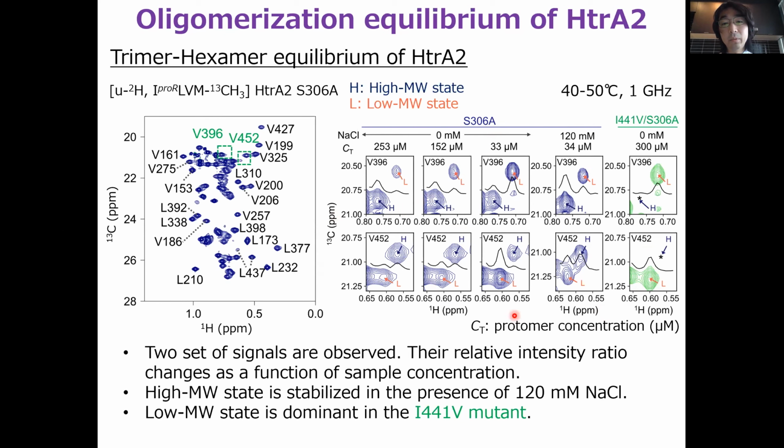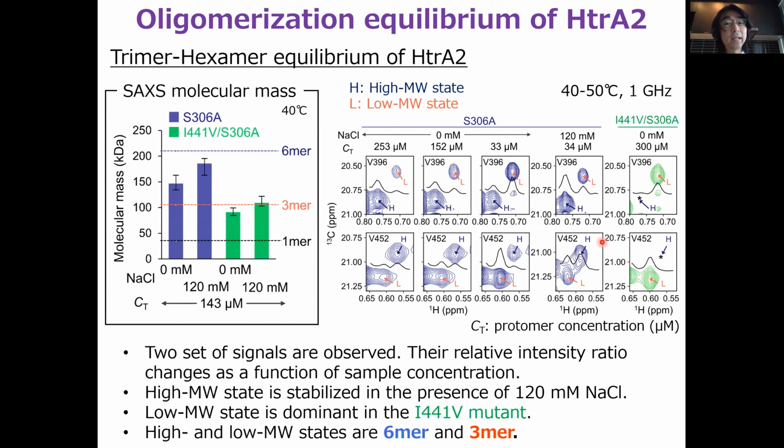Here I show two examples, valine 396 and valine 452. At high concentration, we mainly observed the H state, or high molecular weight state, while at the lower concentration, we mainly observed this L, or low molecular weight state. We could also find an I441V mutant here, in which only the L state signal is observed.